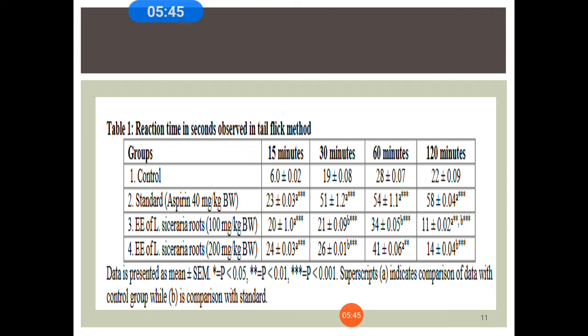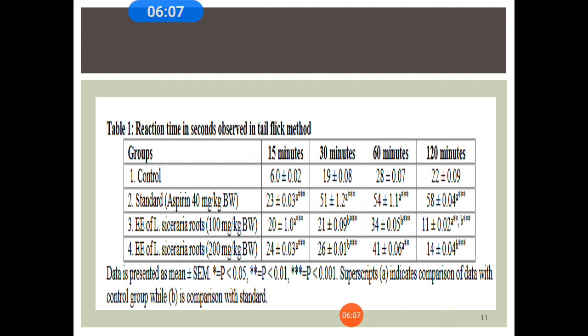It can be observed that in group 3, the ethanolic extract at 100 mg per kilogram, the reaction time increased significantly at 15 minutes in comparison with the control group. Its activity is comparable to the standard drug aspirin at 15 minutes.